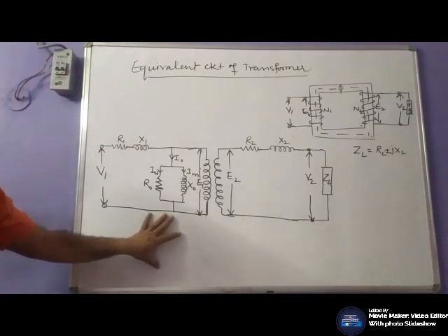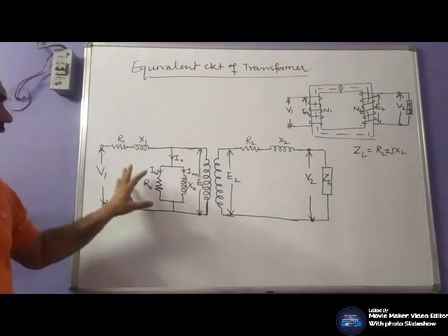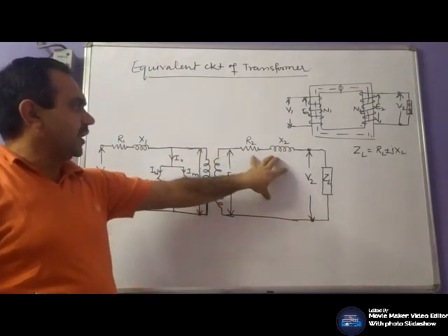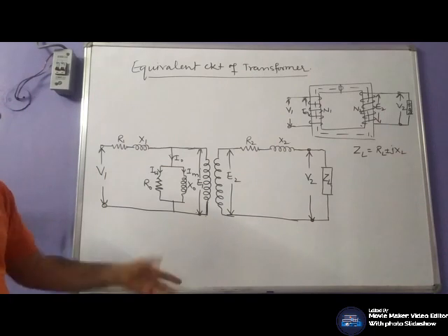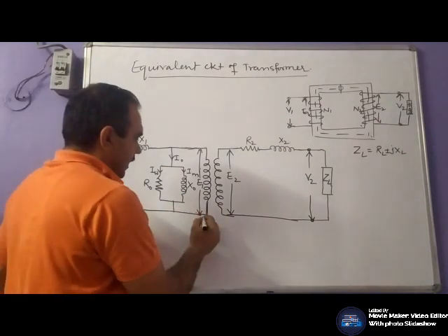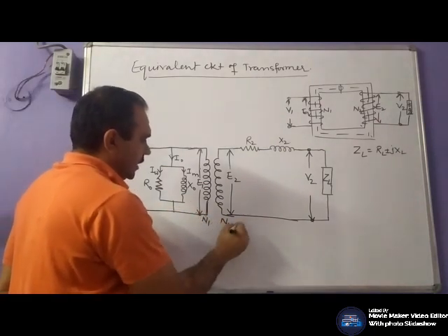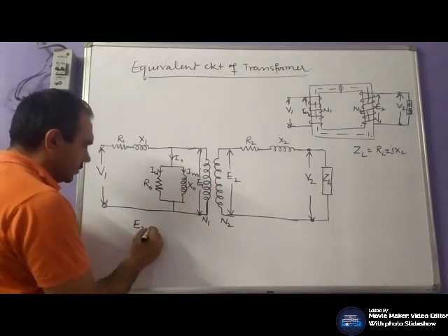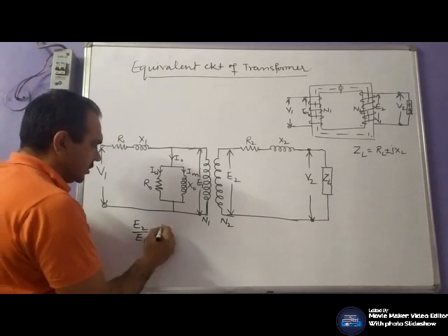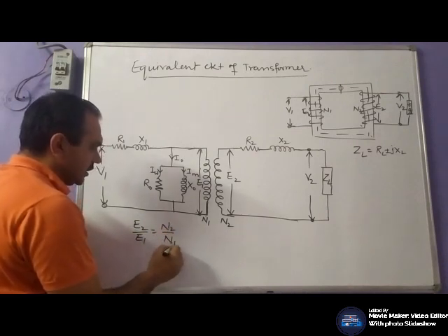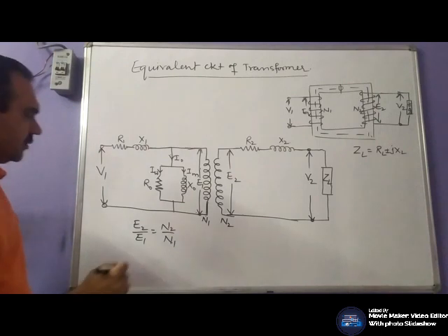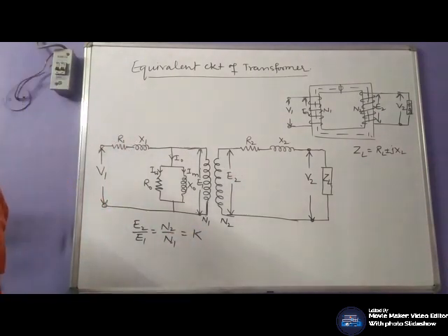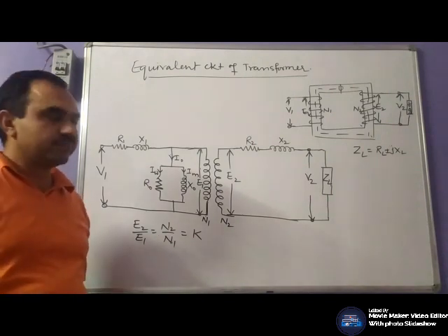This will be the equivalent circuit of the transformer, in which we have represented all the transformer parameters in the diagram. Let N1 be the number of turns in the primary and N2 in the secondary. And we know E2 by E1 is N2 by N1, which is K, the transformation ratio or turn ratio.